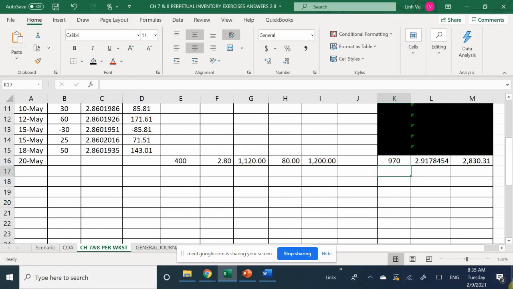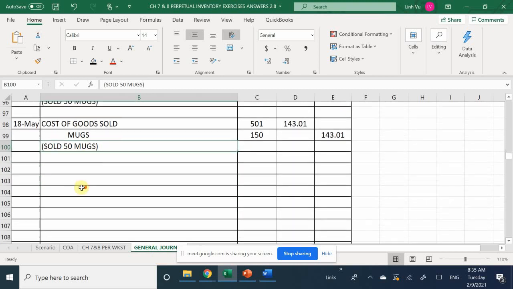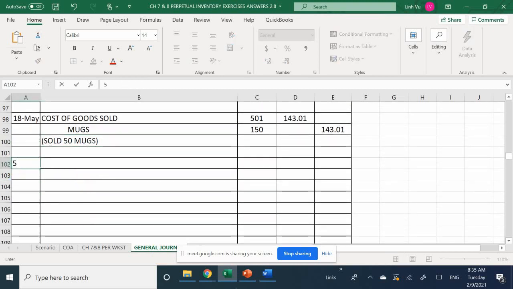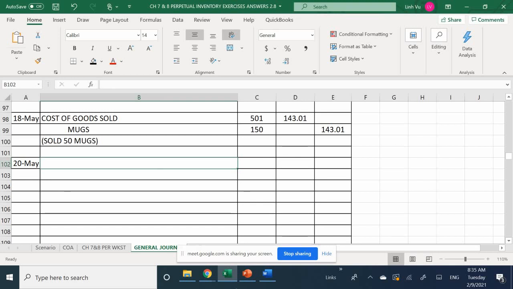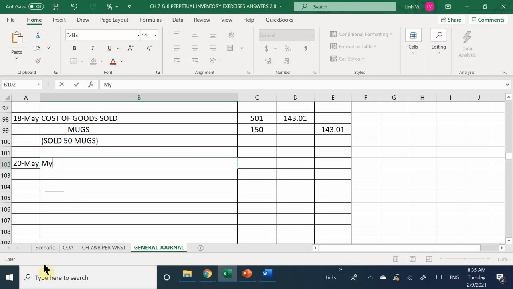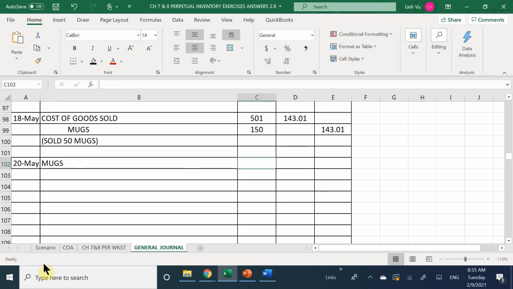So here we entered in a new batch. Now we also have to remember we have to journalize this. So May 20th, how are we going to journalize this? Sales. Not sales, we didn't sell anything. Oh yeah, we bought. Purchase mugs. Yes, we purchased mugs, and I believe mugs was 150.